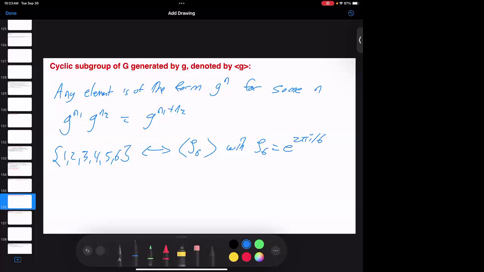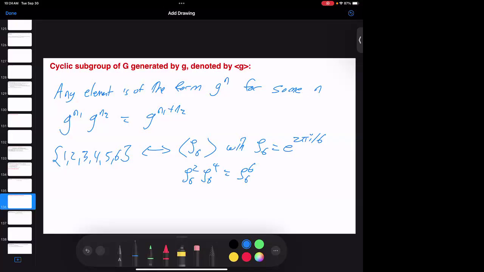If I want to do 3 times 5, I have to multiply 3 and 5, and then reduce this mod 7. If I take things on the right-hand side, if I take zeta 6 squared times zeta 6 to the 4th, that's just zeta 6 to the 5th. I just add the exponents.